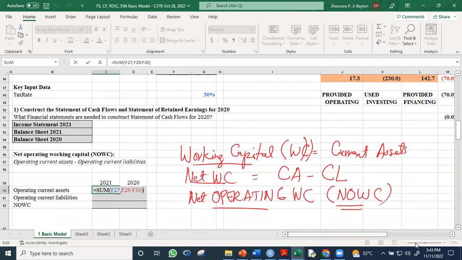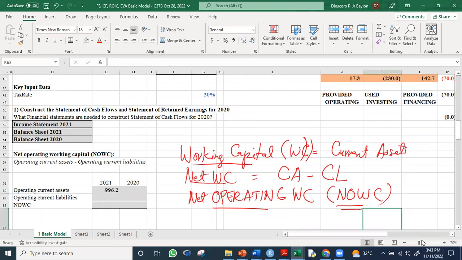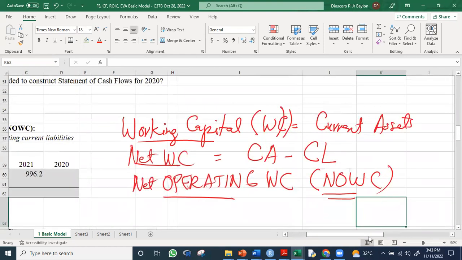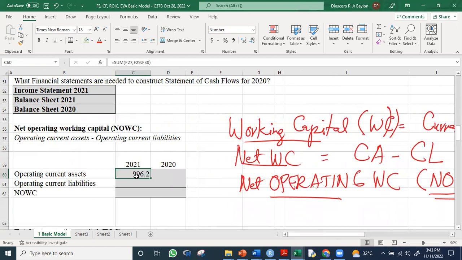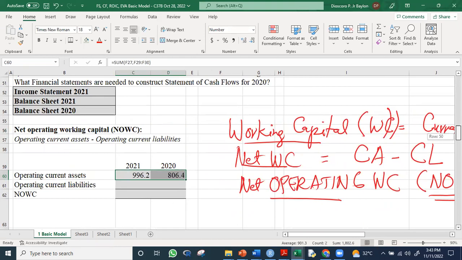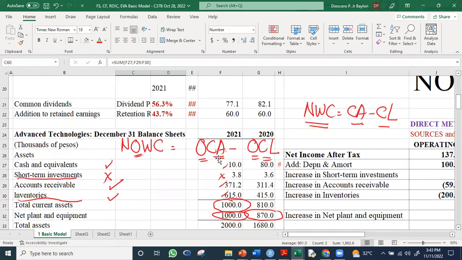So this is your cash. Let me increase the size. So this is the sum of your cash, receivables, and your inventory. Actually we can copy this to the right, because of the position of your 2021 and your 2020 figures, they're adjacent. So this is 2021.